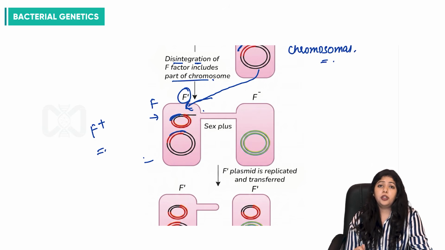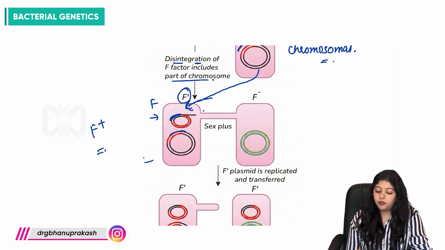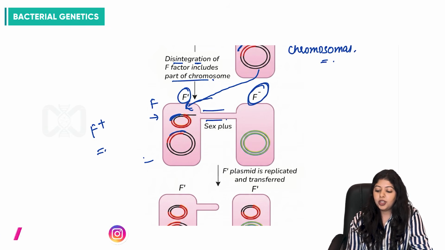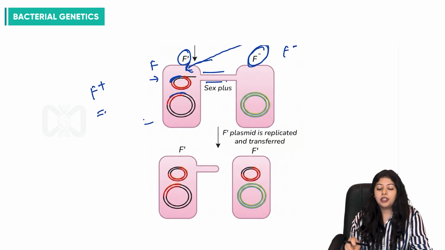Now, in the next step, as the conjugation is happening, there is of course formation of the sex pilus. There is this bacteria number 2, or cell number 2, which is F negative, right? So what happens next?